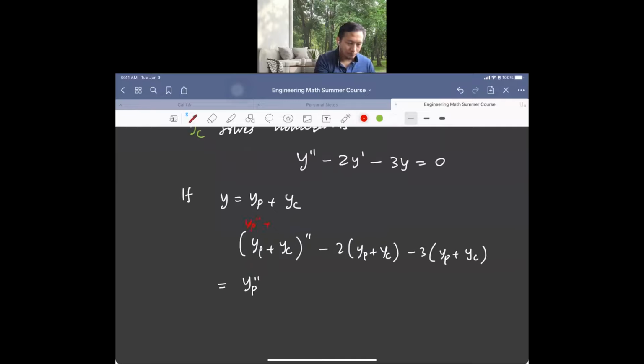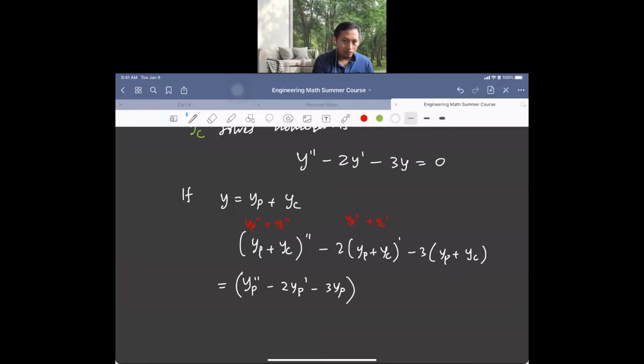And let me just write, this is y prime, and this will be yp prime plus yc prime. So let me conclude that this is becoming yp double prime minus 2 yp prime minus 3 yp.